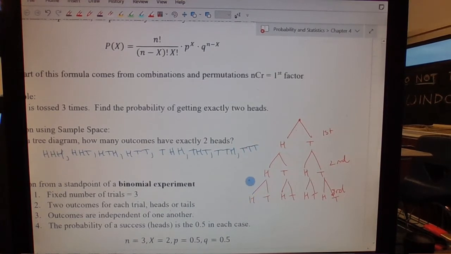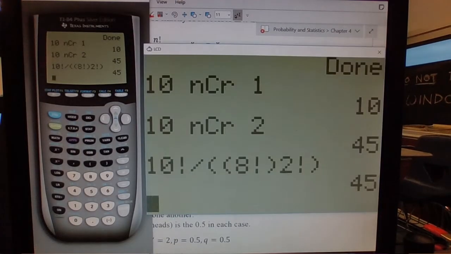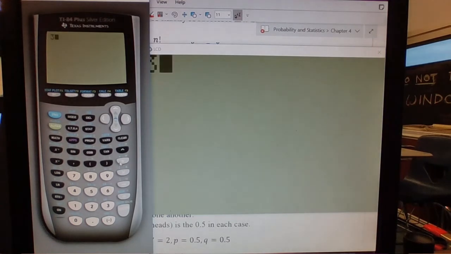Okay, so we have those 8 outcomes, right? Now, how many of those have exactly 2 heads? That's 3, right? So the probability of doing this experiment and getting exactly 2 heads is 3 out of 8, or if we divide that out, 3 divided by 8 gives me 0.375 as a decimal.